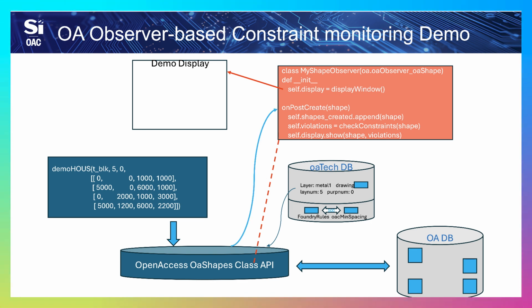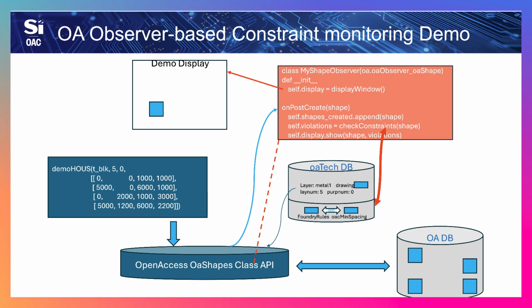And then the shape observer goes through its function, the onPostCreate, and it checks the constraints for each shape it gets. So it's going to check the constraints 4 times. After checking, the observer displays the shape and reports any violations.